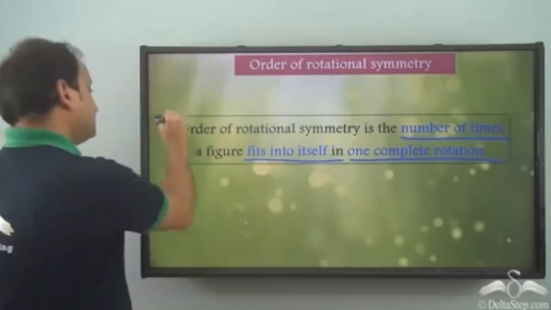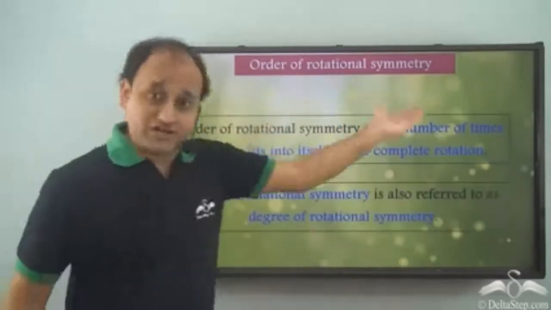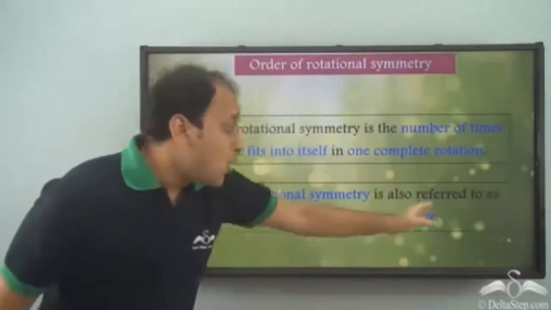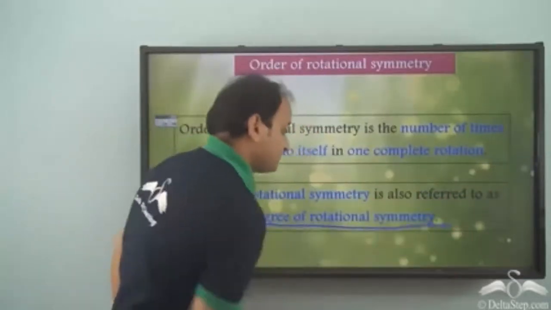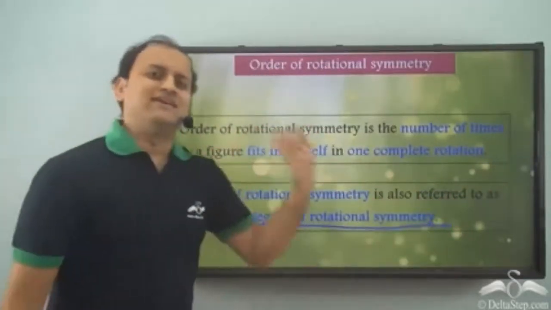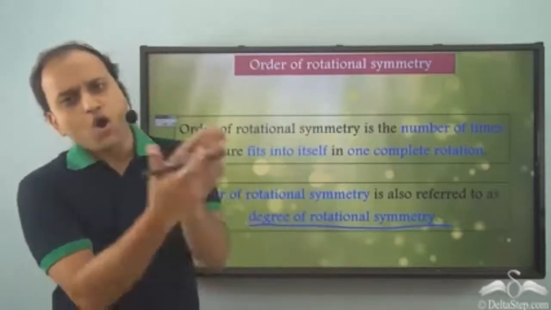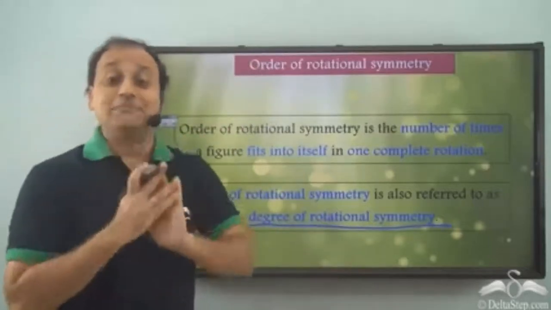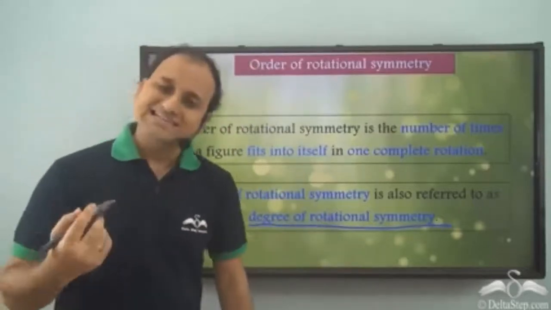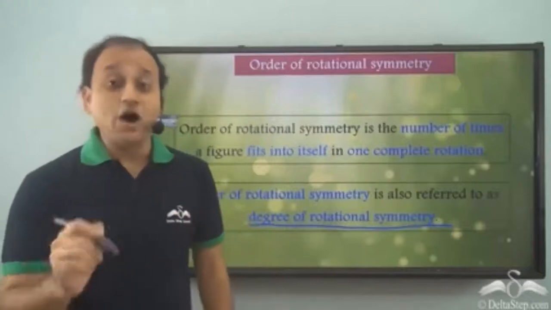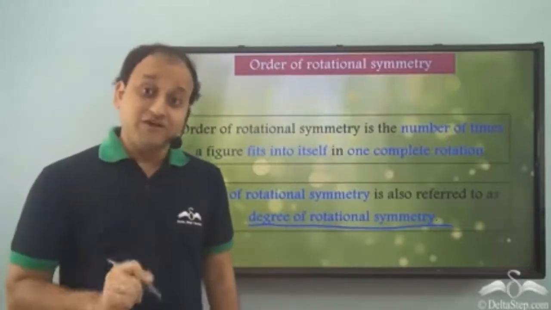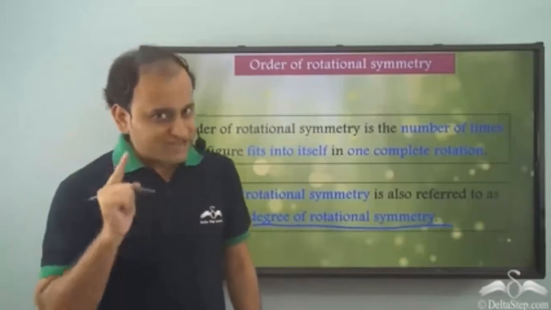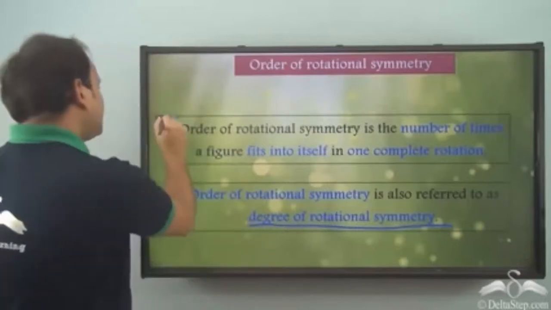And this order of rotational symmetry is also referred to as degree of rotational symmetry. So when we talk about degree of rotational symmetry or order of rotational symmetry, they both represent the same thing, that is how many times an object fits into itself in one complete rotation.